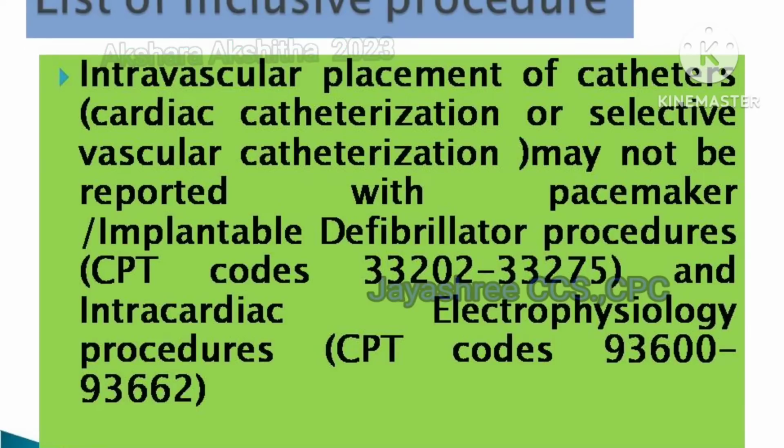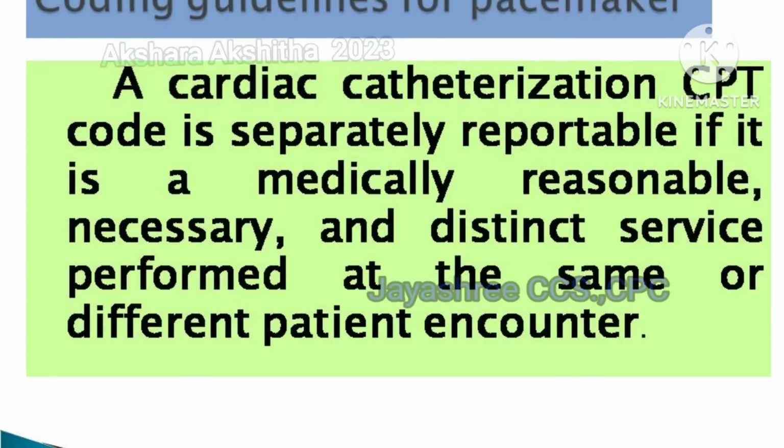Okay, so catheterization, if the doctor is performing it, we should have a valid medical reason, then only we can bill that catheterization separately with the 59 modifier. Otherwise, if the doctor is performing catheterization for the pacemaker, then we should not code catheterization along with the pacemaker.